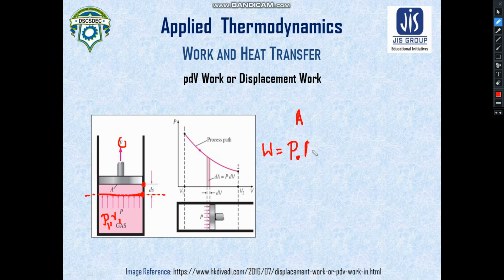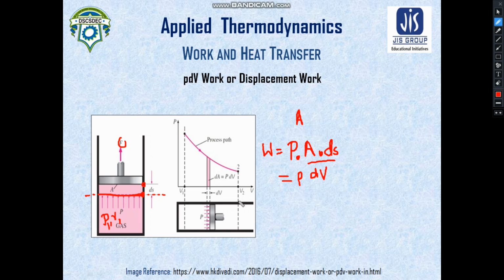So A is the area of the piston, and P is the pressure applied by this gas. Now from the definition of work we know that pressure into area refers to the force, and you need to know the amount of displacement. The amount of displacement is already given to you. It is ds. Now A into ds refers to dV. So this PdV comes from here.